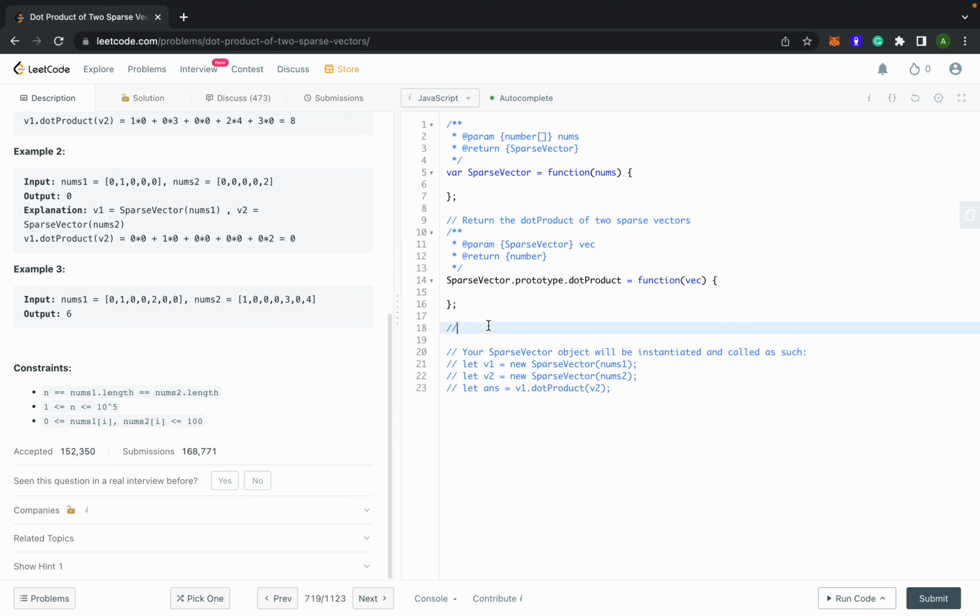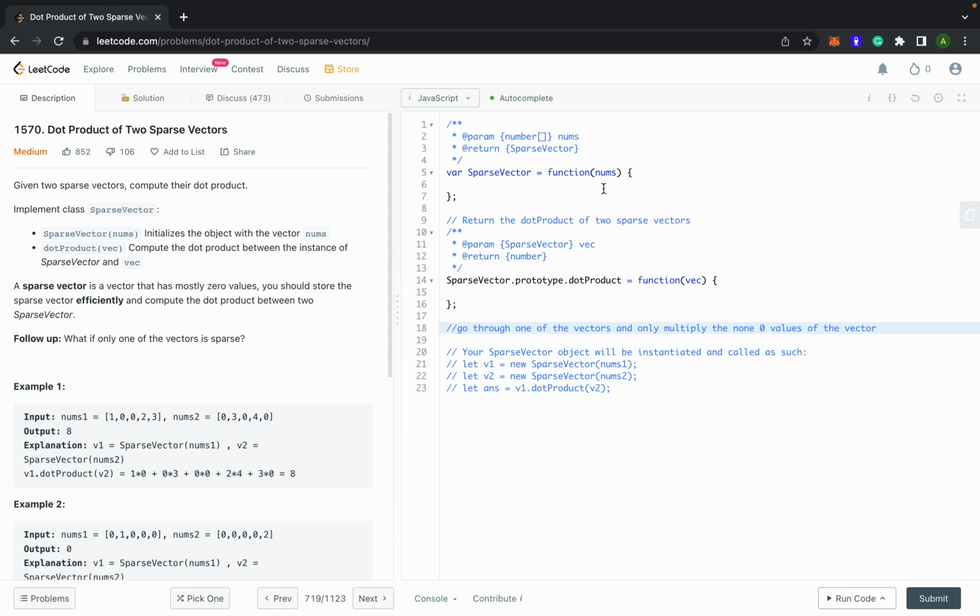So what I'm thinking about doing is to go through one of the vectors and only multiply the non-zero values of the vector. Seems pretty straightforward, right?